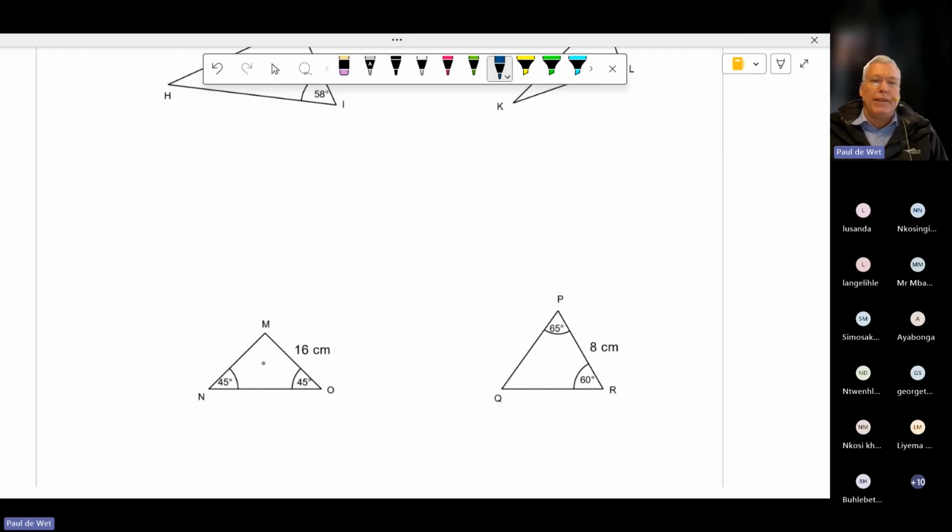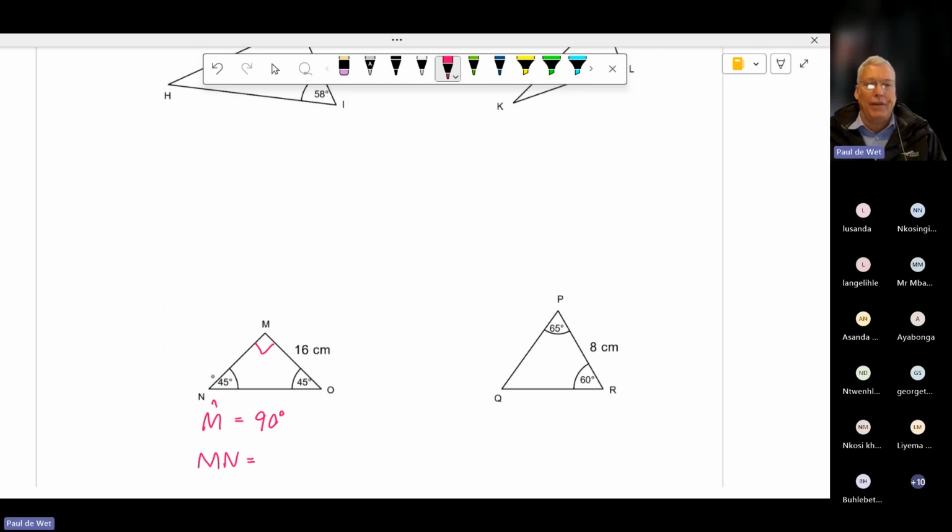Who can tell me the missing sides and angles in here? What size is angle M? 90 degrees. Why? The angles of the triangle add up to 180. Well done. Who can tell me what MN is equal to?